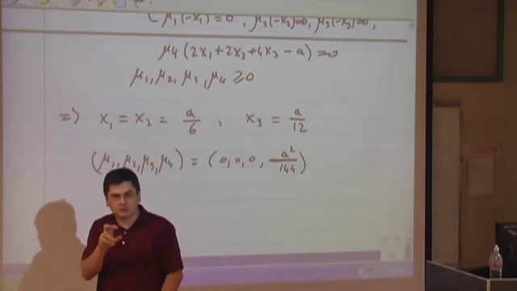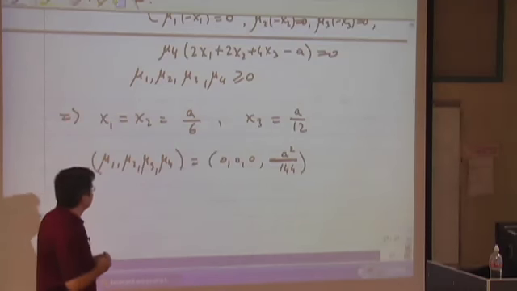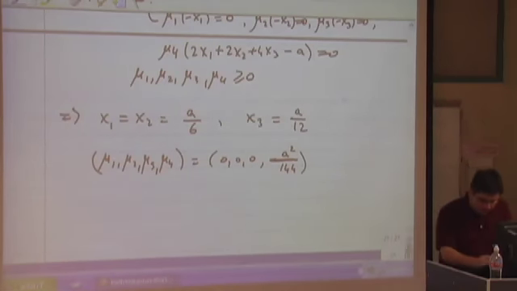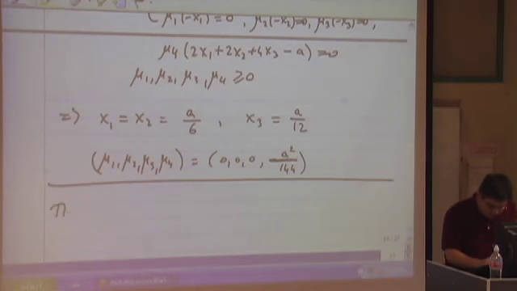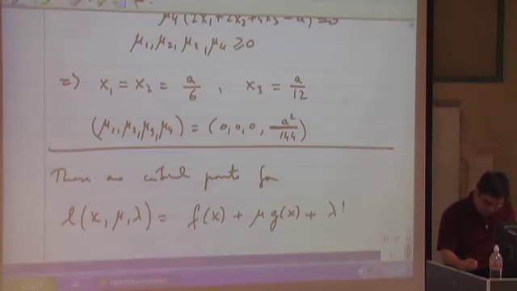Well, critical points of the extended function. So let me just say these are critical points for L of x, mu, and lambda, which is f of x plus mu g of x plus lambda h of x, right?